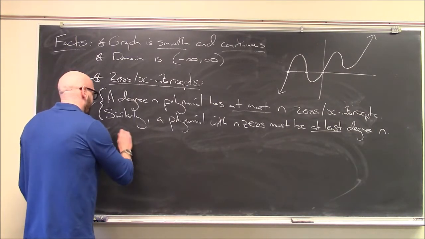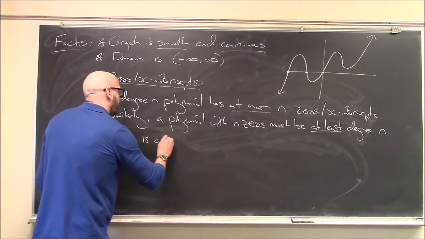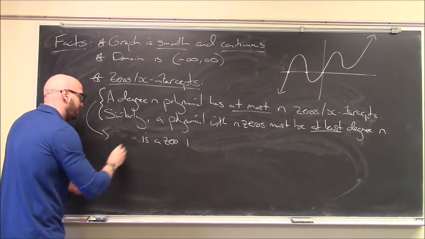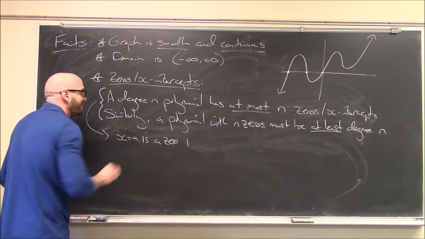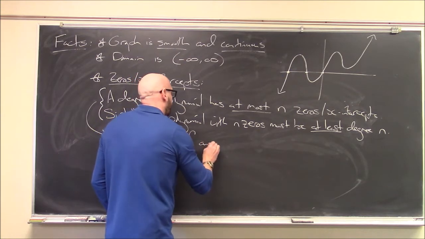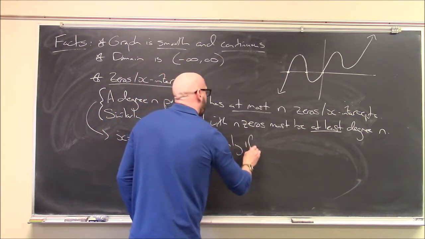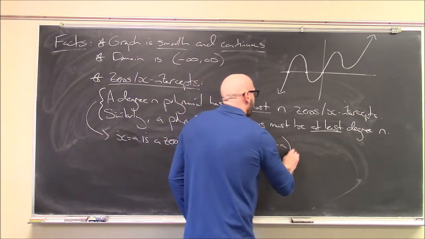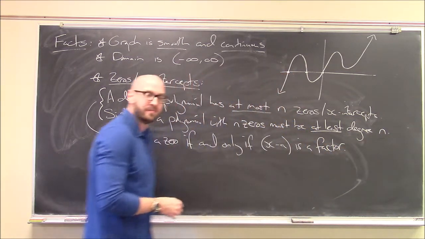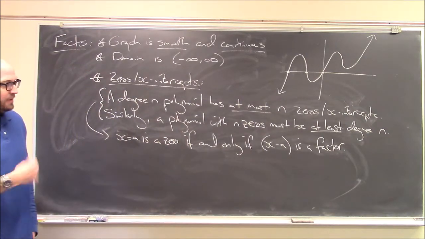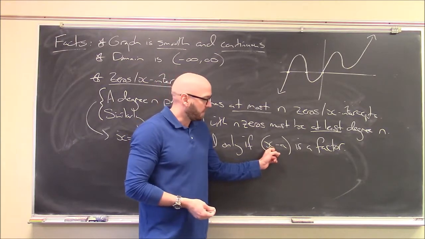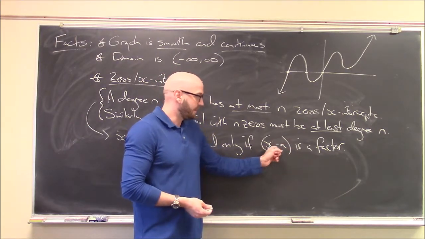So x equals a is a 0 if and only if x minus a is a factor. If you're looking for the zeros, you're going to factor your polynomial, and then you're going to look for factors like this. x minus a equals 0 if x is equal to a.